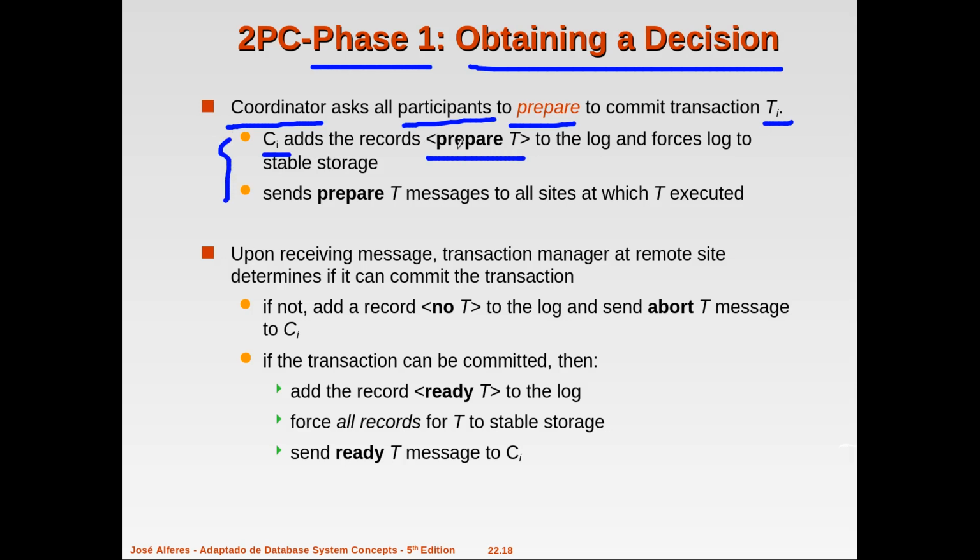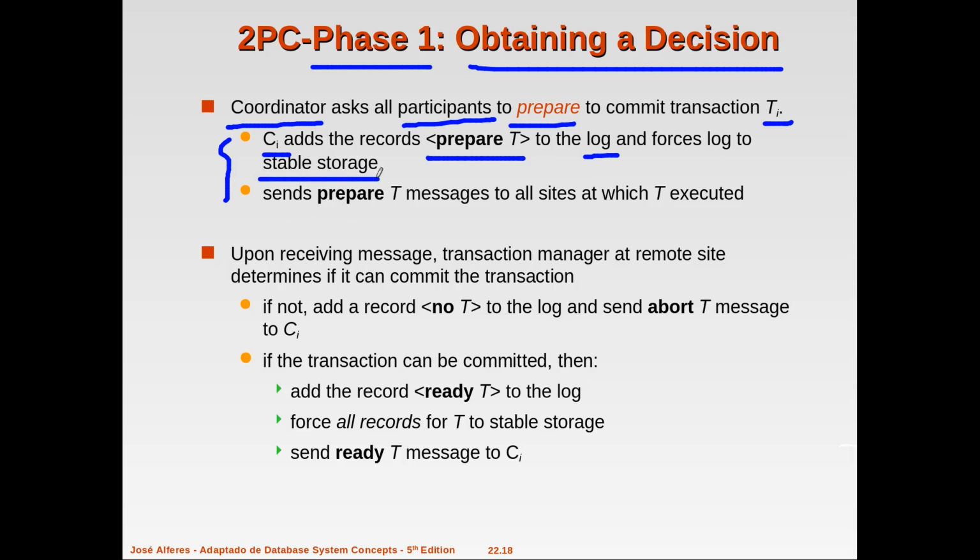The message prepare T is added to the log. The transaction coordinator will add a statement prepare T to the same site log and force the log to stable storage.